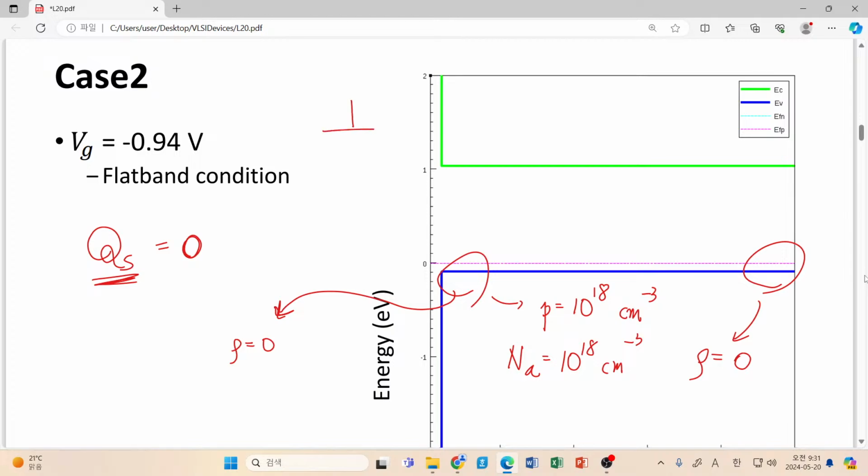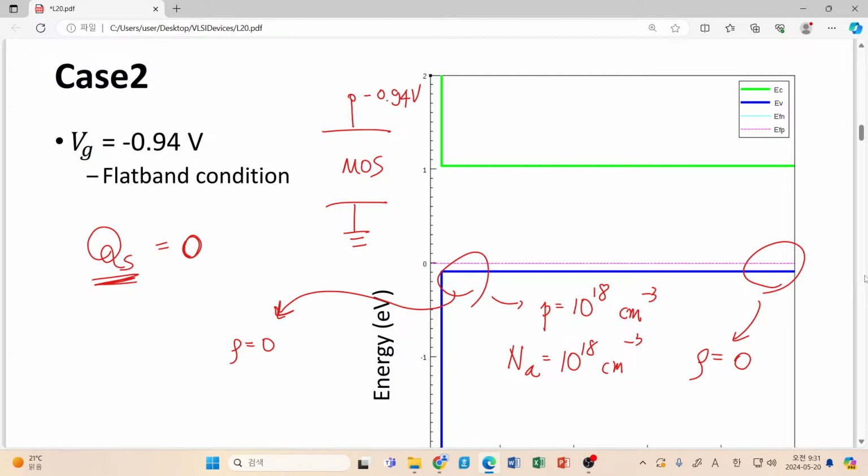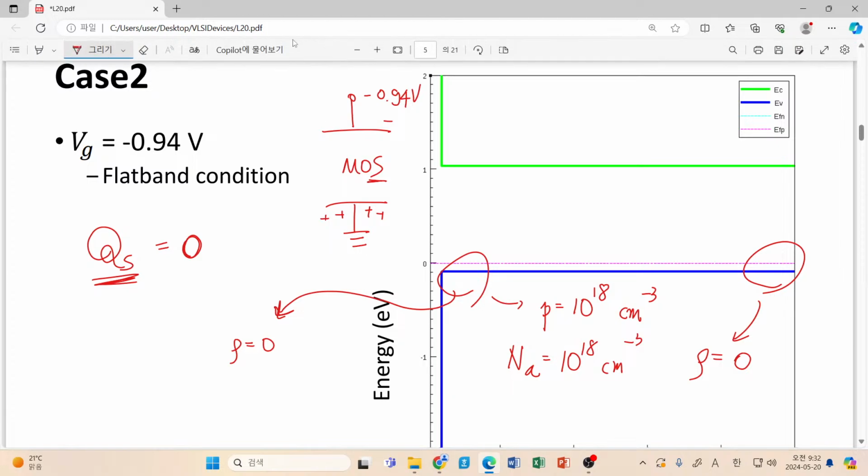Simply, we have a certain structure called MOS, and when we apply minus 0.94 volt, then if this is just a conventional capacitor, what we expect is that since we have a negative voltage, we have negative charges and positive charges in this MOM capacitor. However, please note that this system is not MOM but MOS. They have a different context on both sides, so therefore we have an offset.